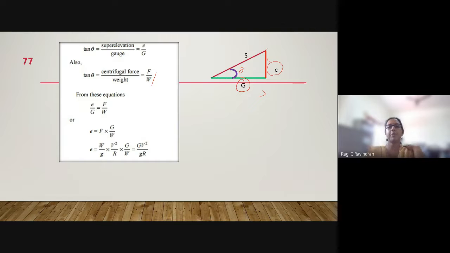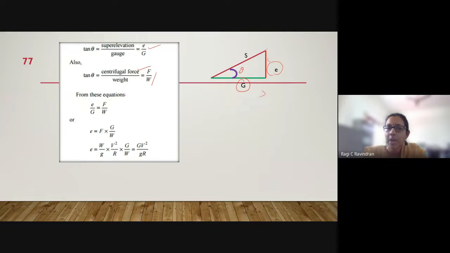From the figure, tan theta, you know, is opposite by adjacent, E by G, super elevation by your gauge. And also tan theta means centrifugal force divided by weight. This is also known to you.